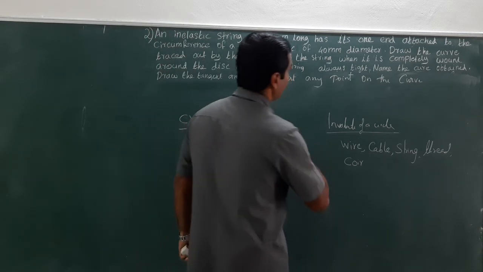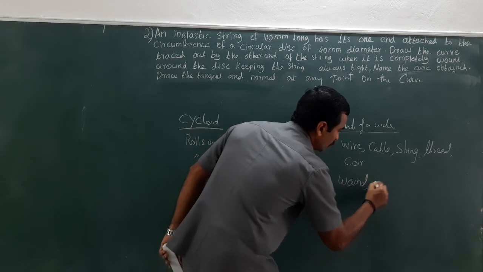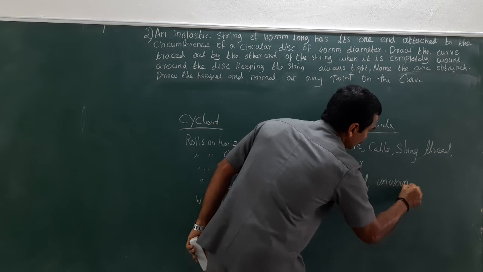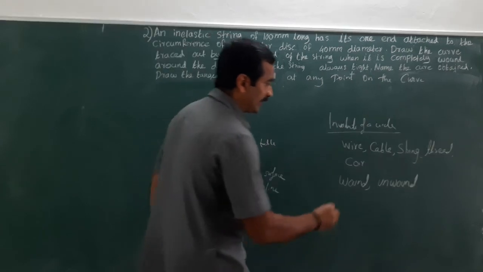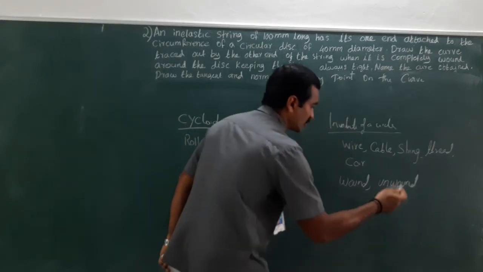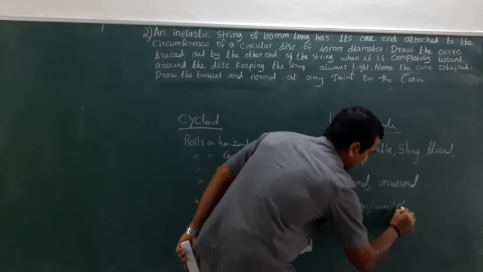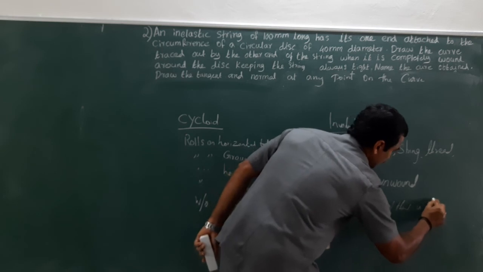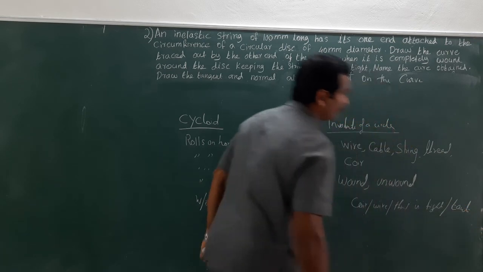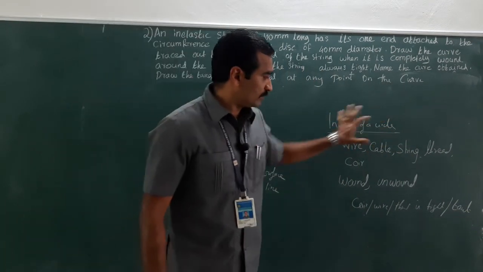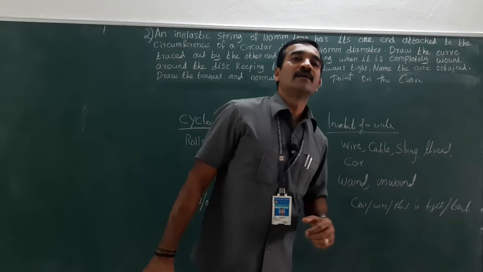Then this would be wound, unwound, or winding, unwinding, or the rope is tight, or the coil, wire, thread is tight or taut, T-A-U-T. If any of these words reflect in a question, that question belongs to involute of a circle.